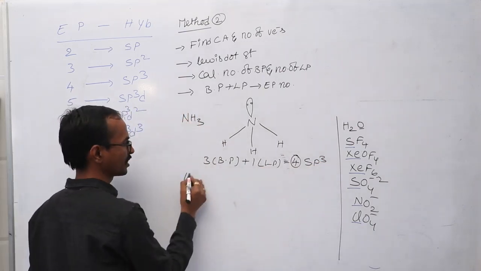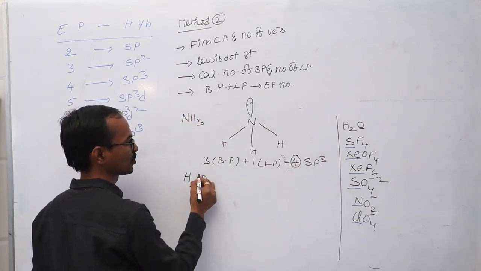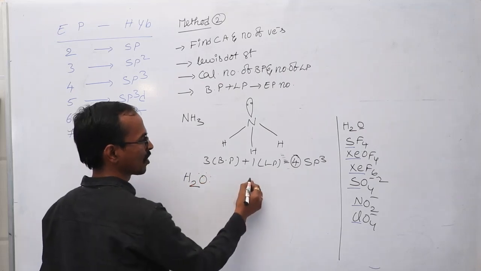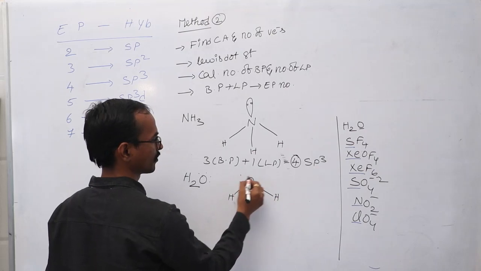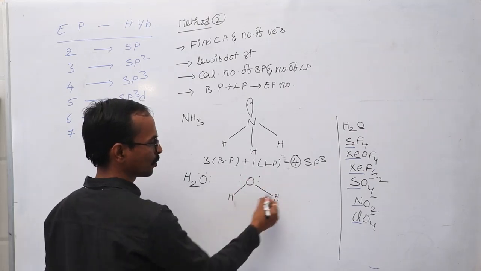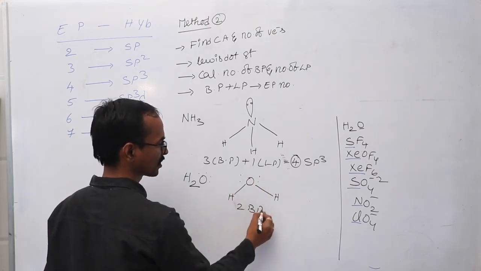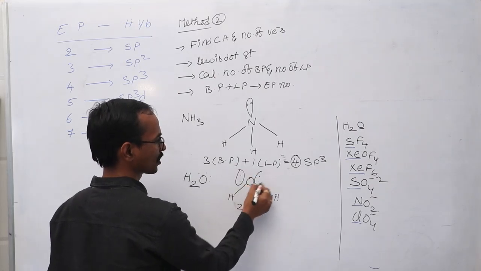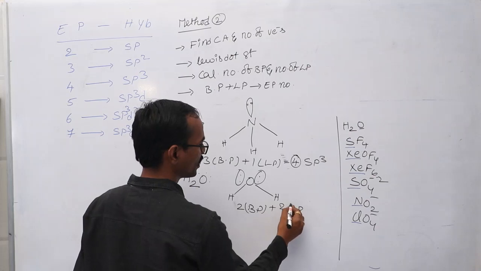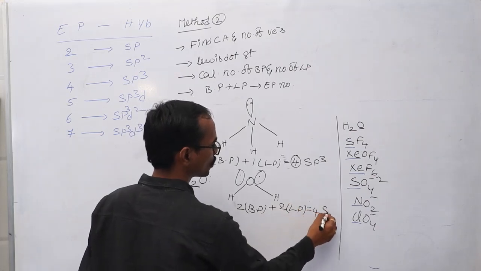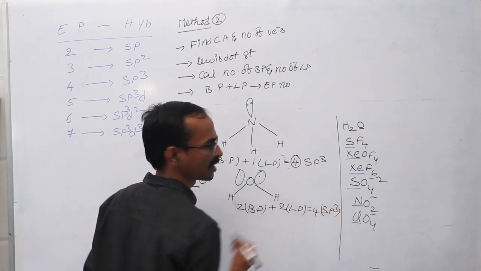In the same way, let us take water molecule H2O. Oxygen is the central atom. Right? 2 bond pair electrons and these 2 are the lone pair electrons. The sum will be 4. The hybridization will be sp3.